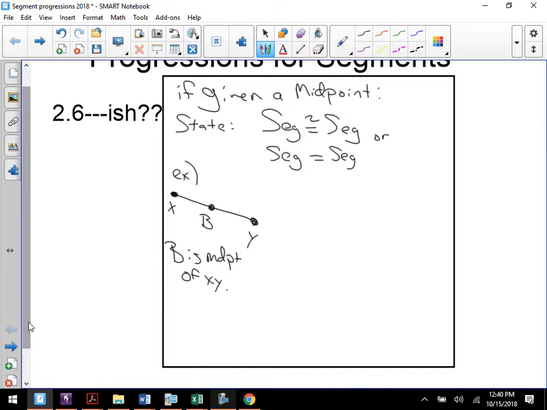If you're given a midpoint, what can you say? Well, I know that a midpoint creates two congruent or two equal segments. So if I'm given this information, what would I say? XB equals BY. Perfect.